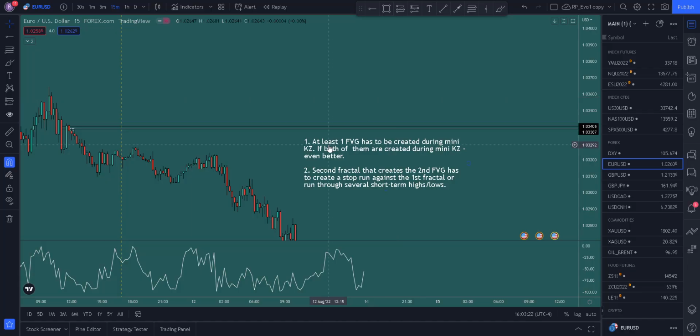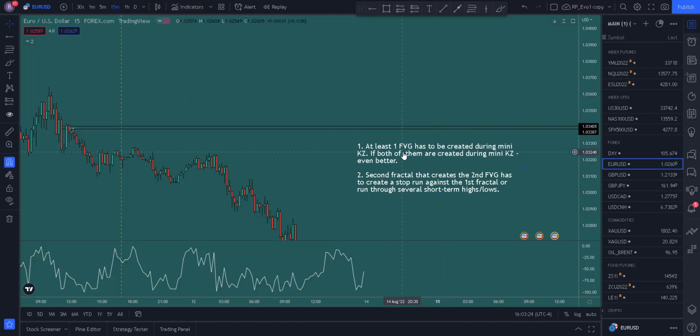So I think the first point is relatively simple to understand, but the second one is basically what I'm looking for. So let's say price created a high here and it created an imbalance, right?